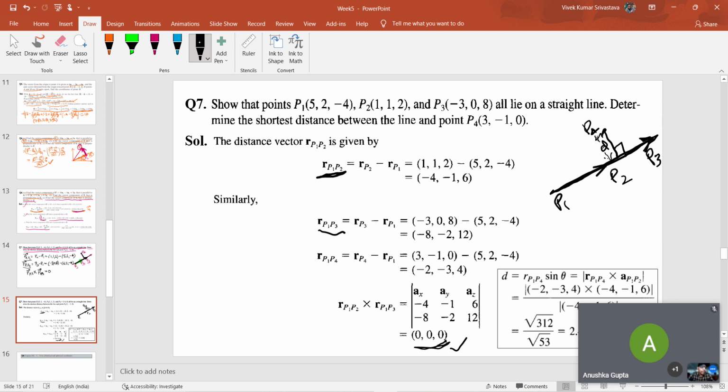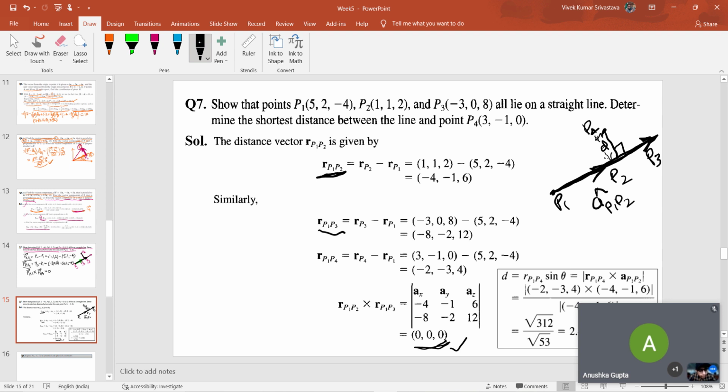For finding out this shortest distance, we can first find out the unit vector along this direction.